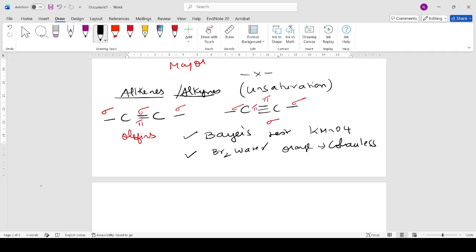So these are the ones which should show you whether it is having the double bonds or the triple bonds here. Clear till this?